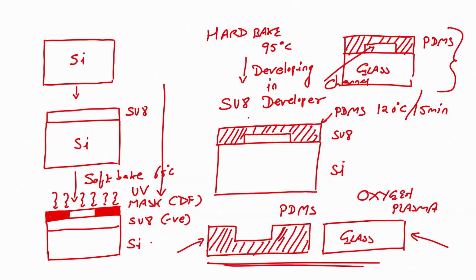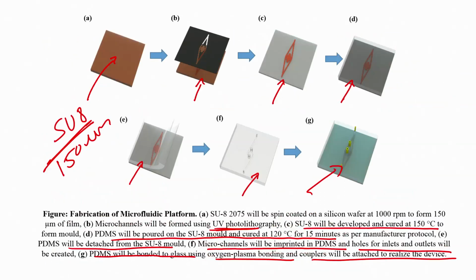So, now if you want to see, you can see here once again what you are looking at. You are looking at SU8, right, spin coated on silicon. Then we perform photolithography to form channels on silicon, to form the pattern of SU8 on silicon.